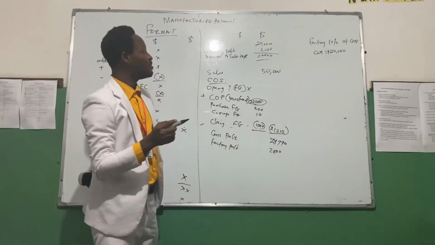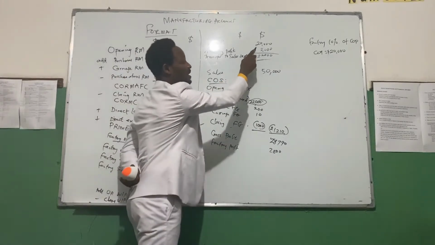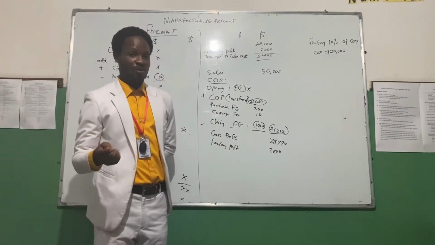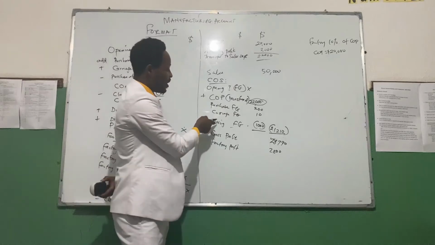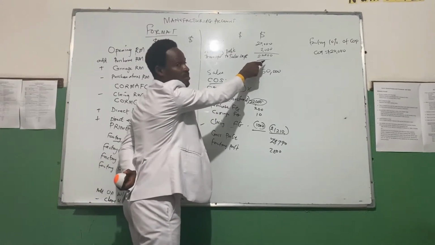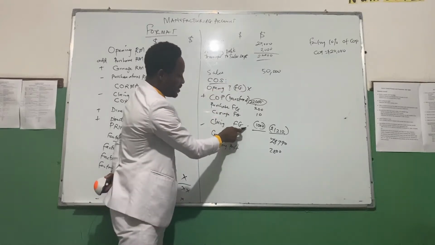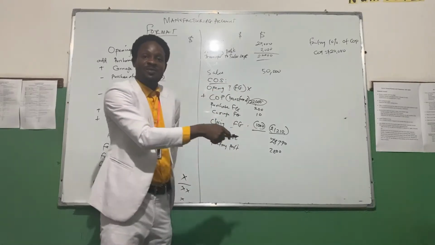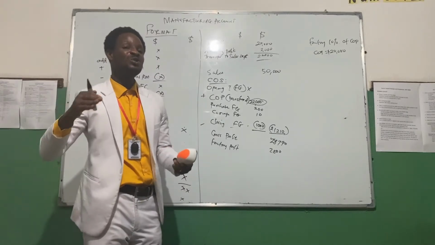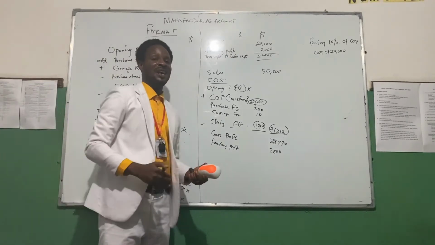So does that mean that this 2,000 has been fully earned? No, it has not been fully earned if you have closing inventory, because they sent all these goods at 2,000 profit. That means if there is part of it that has not been sold, that part of the profit for the factory has also not been realized.